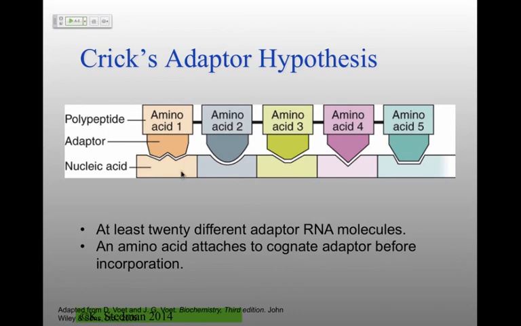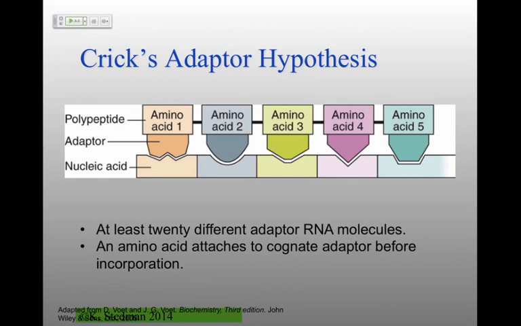So his prediction was that there were at least 20 different adapters, he didn't call them transfer RNAs at that time, RNA molecules, and that these amino acids were actually hooked up to these adapters before they got put into translation. And Francis Crick was just amazing in terms of understanding these things.